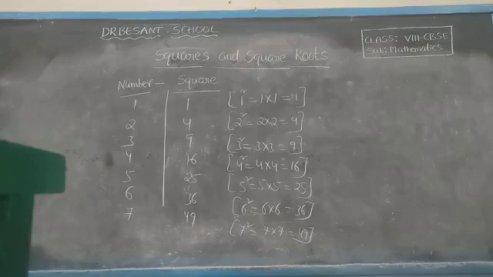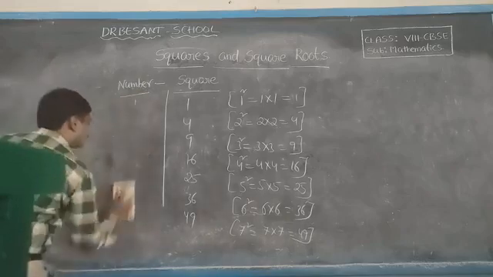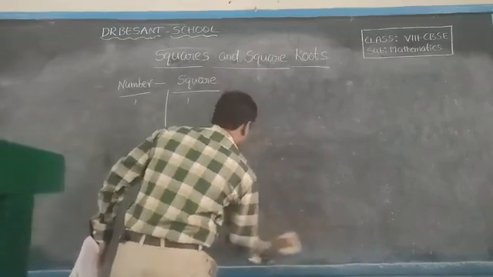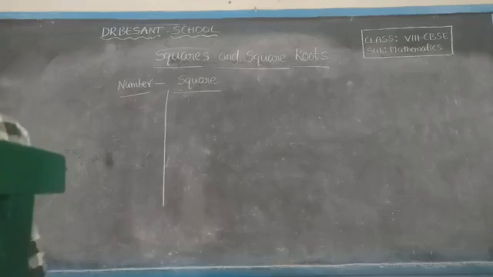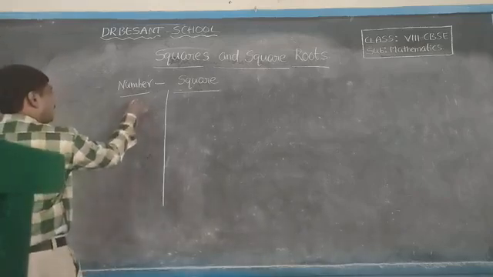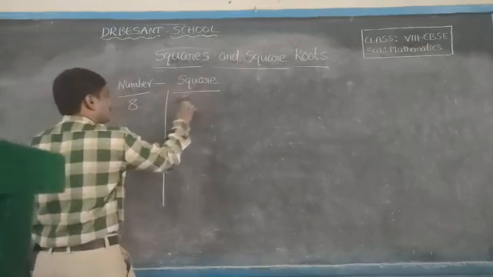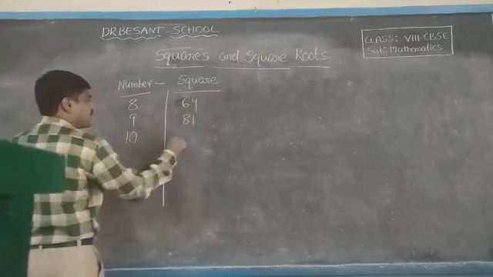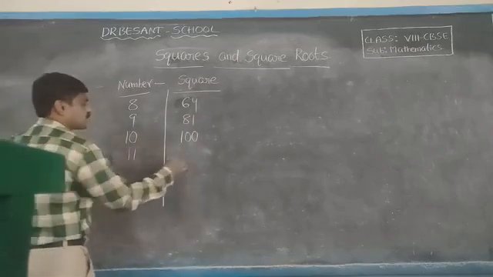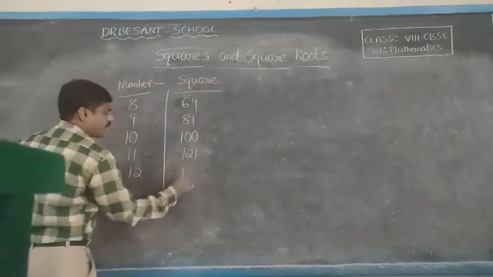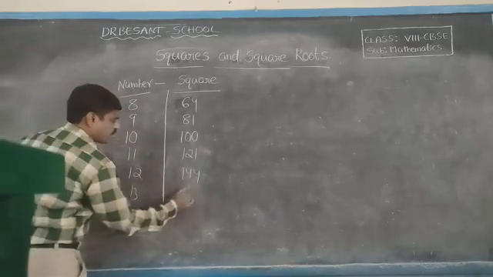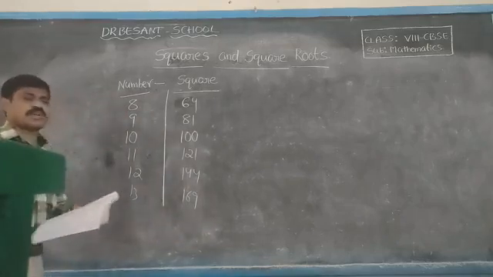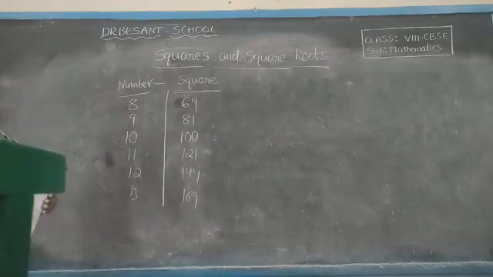Understood? Next 8. 8 square, that means 64. 9 square, 81. 10 square, 100. 11 square, 121. 12 square, 144. 13 square, 169. 14 square, 196. 15 square, 225. 16 square, 256.